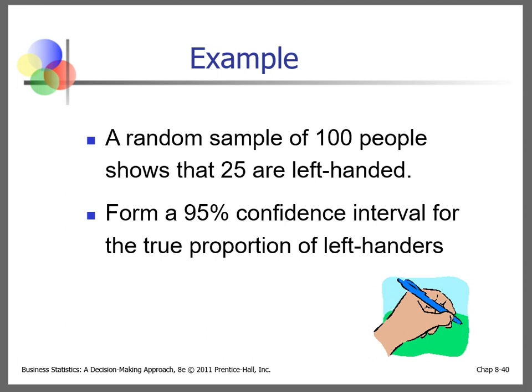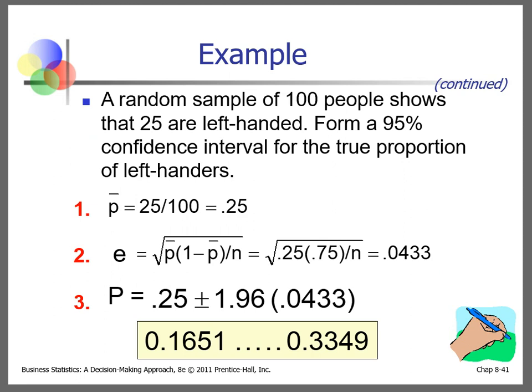Let us see an example. Suppose a random sample of 100 people shows that 25 are left-handed. And we are tasked to form a 95% confidence interval for the true proportion of left-handers. So we have the proportion 25 over 100 for the left-handers. It is 0.25.